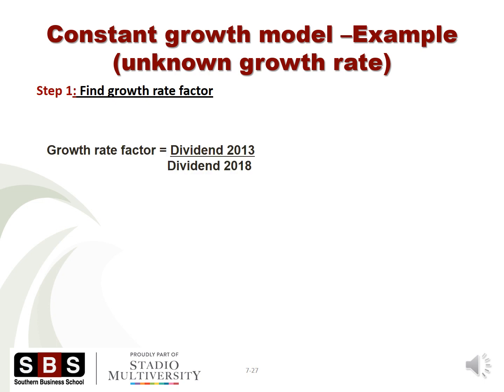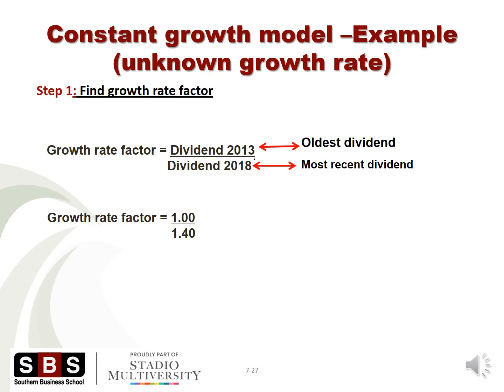The growth factor is the dividend value for 2013 divided by the dividend value for 2018. Now, you will remember from the previous slide that dividend for 2013 is the oldest dividend, and the dividend for 2018 is the most recent dividend. In the table, these two values were 1 Rand and 1 Rand 40.